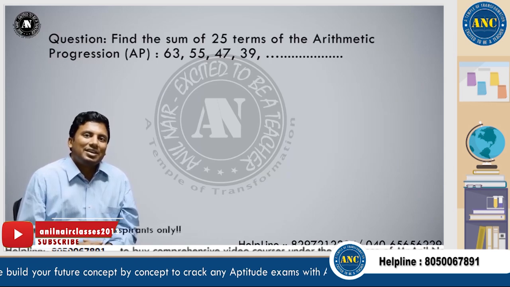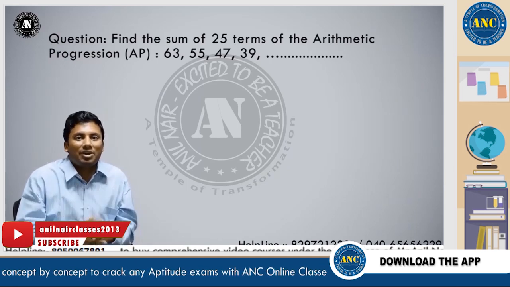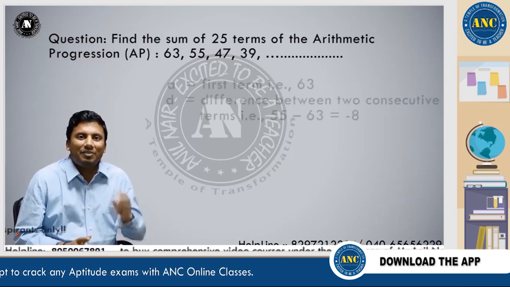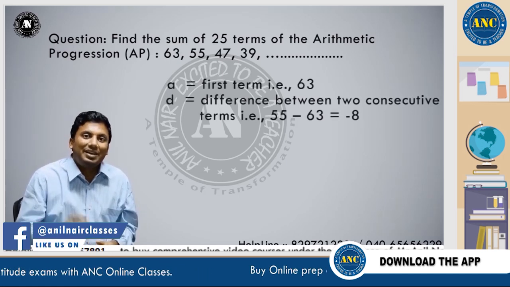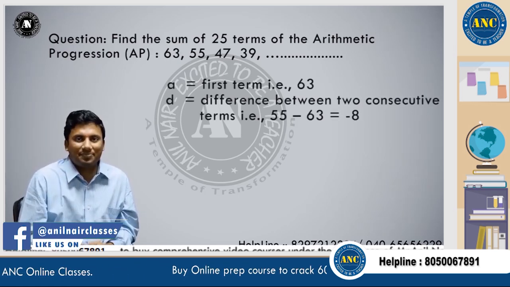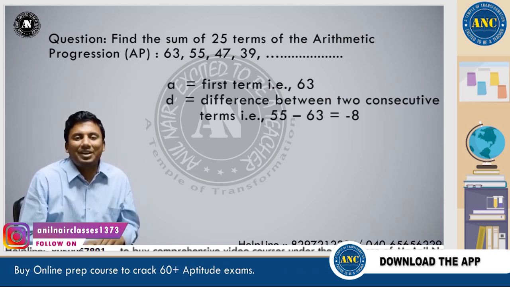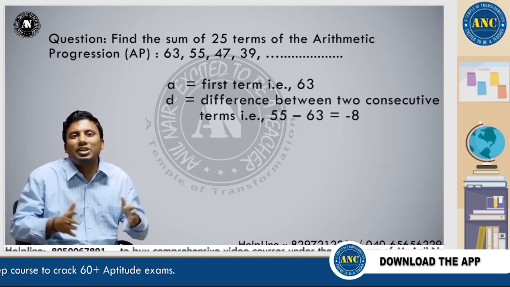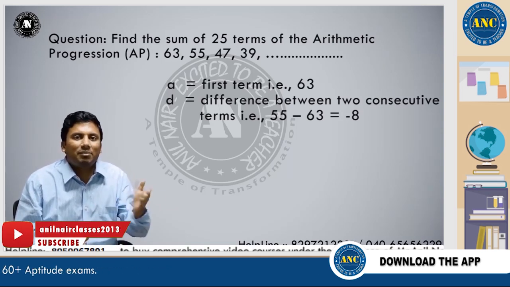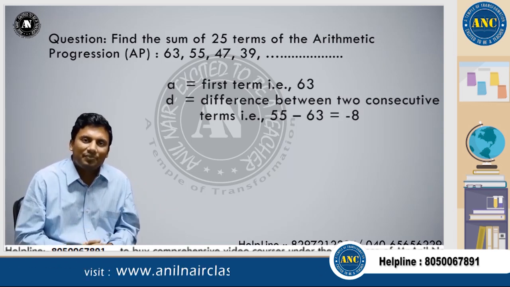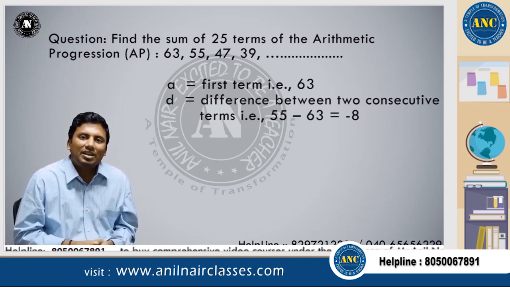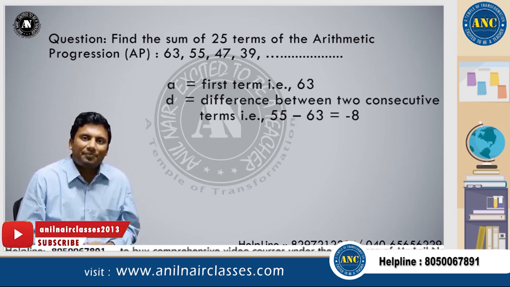Everyone knows that this is an arithmetic progression series where A is the first term and D is the common difference between the terms. So A in this case is 63, D is the difference between two consecutive terms, which is 55 minus 63, which is minus 8.